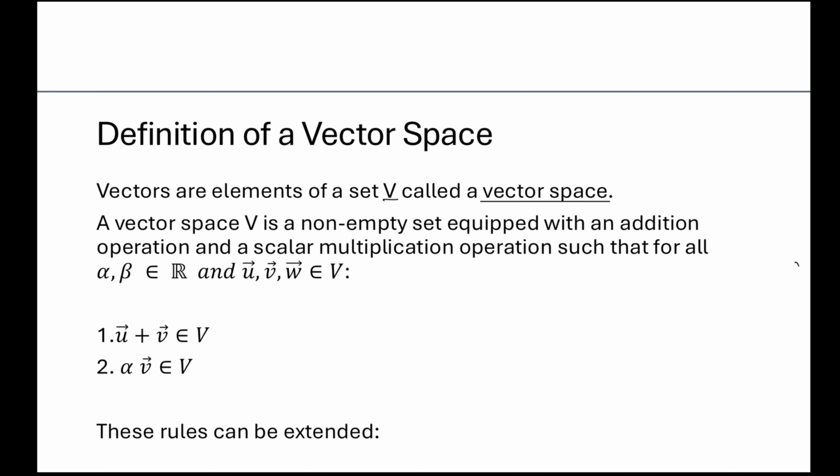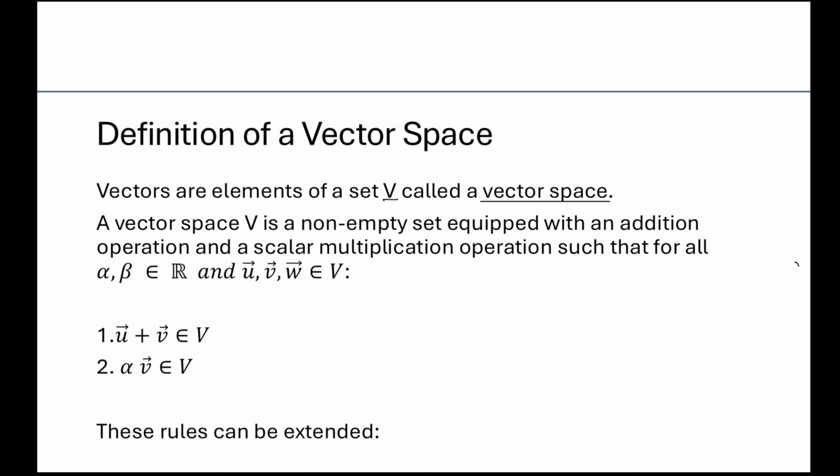So a vector space now is a non-empty set equipped with an addition operation and a scalar multiplication operation such that for all values of alpha and beta, where alpha and beta are real numbers, and vectors u, v and w, which are all in this vector space, we have these two statements.